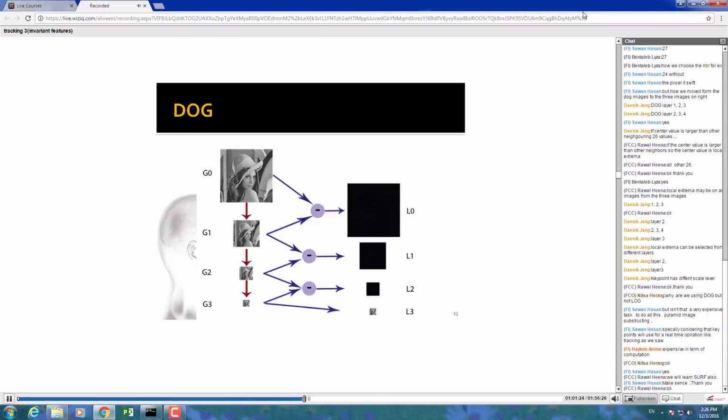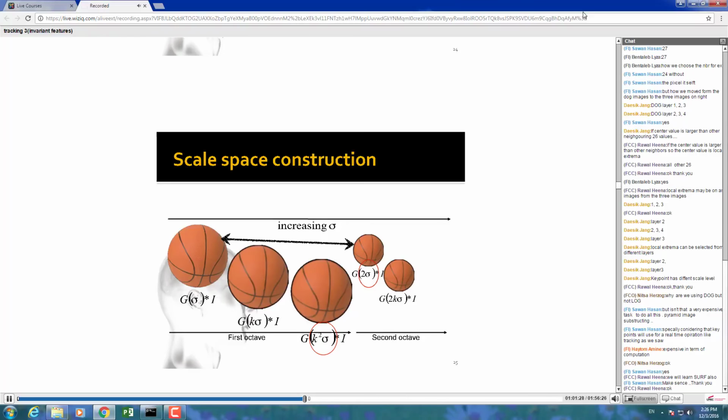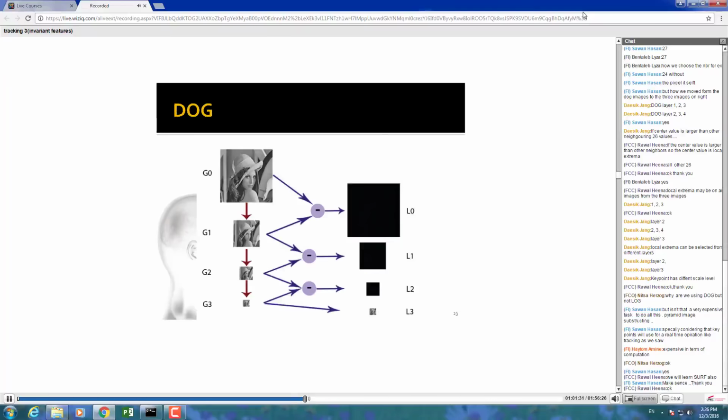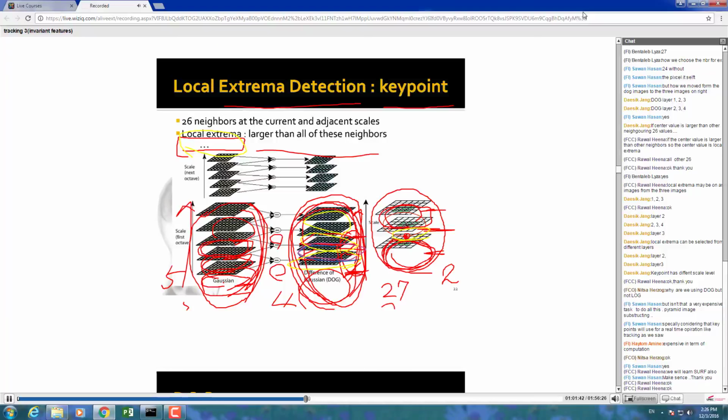Any other question? Okay, so this is the basic process to calculate the key points. I think we'd better have a break. Let's have a 10-minute break and continue.